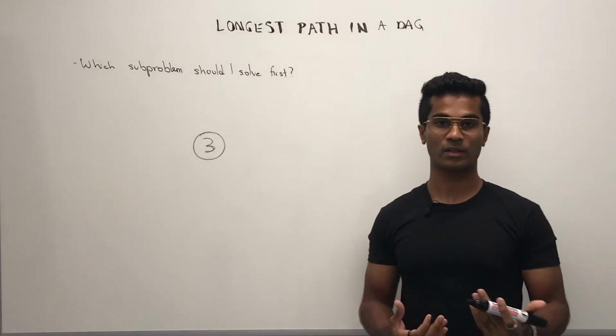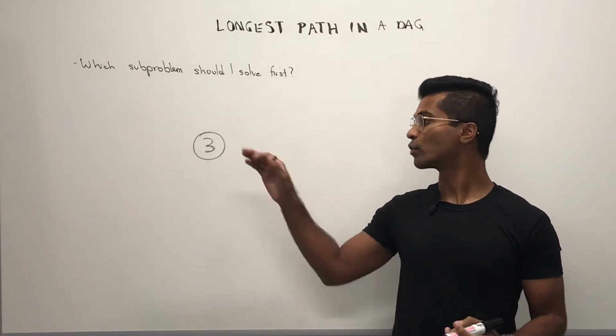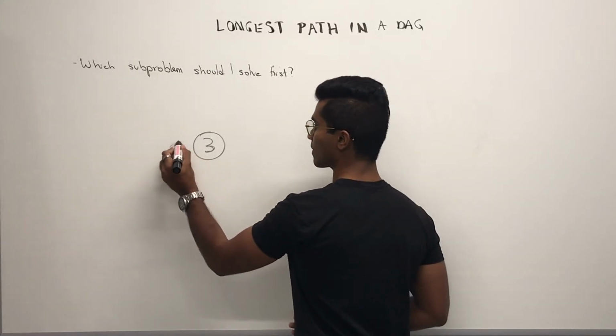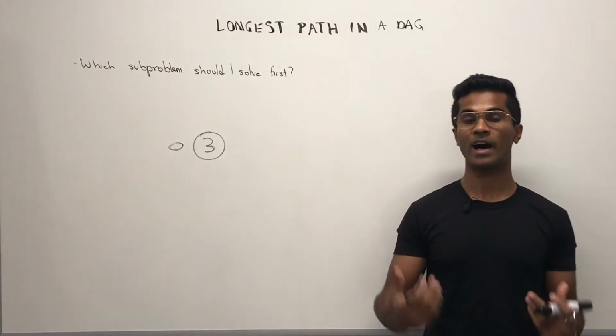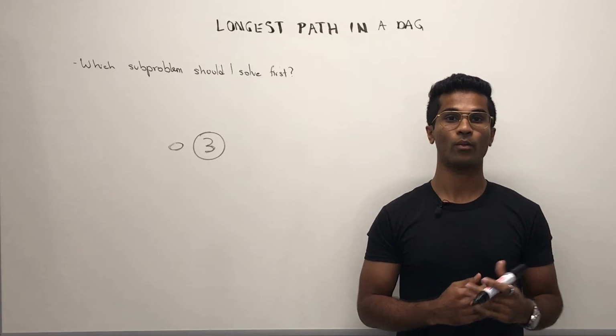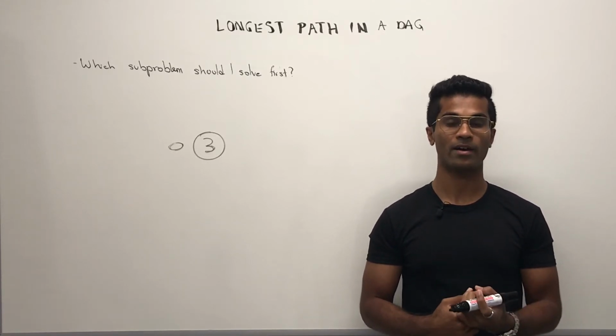We know that 3 has no outgoing edges, so we can guarantee that the longest path through 3 is going to be 0. Now, any node that is pointing to 3, so something like 1 or 2 or 4, can reuse the most basic unit we have from 3.